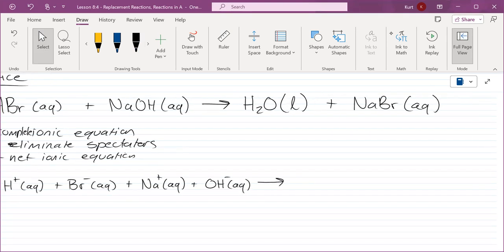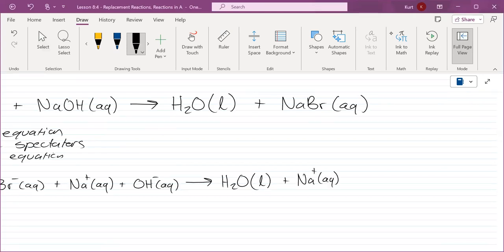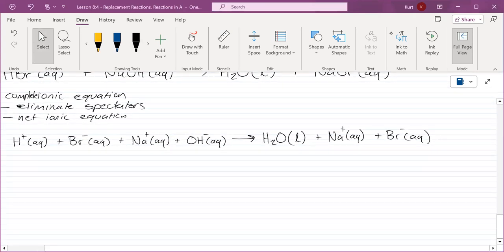They will react to yield water, which is liquid. I leave that alone. And sodium bromide breaks up into a sodium ion with a positive 1 charge and a bromide ion with a negative 1 charge. There's the entire complete ionic equation.